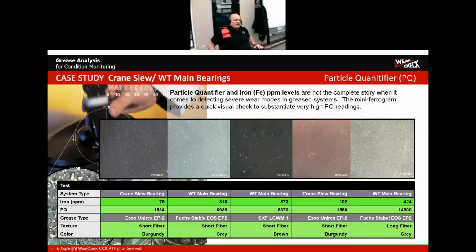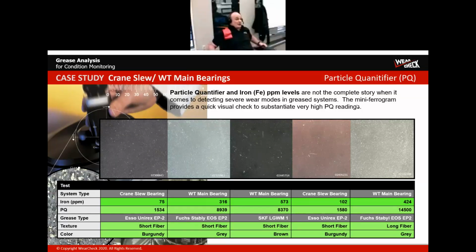So when we combine this little mini ferrogram with ppm levels off an ICP for iron, for instance, with the particle quantifier or the PQ test, here is a series of greases from slew and main bearings in a wind turbine. So very similar applications, actually.